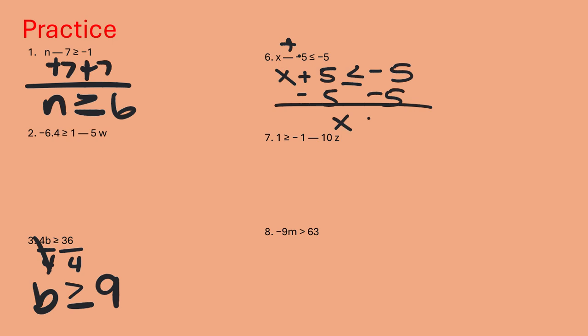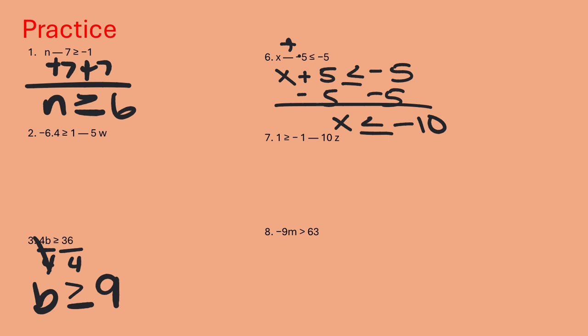So x is less than or equal to, what's negative 5 minus 5? Negative 10. Do I have to reverse my signs? I'm just subtracting, okay? When we add or subtract, using the properties of inequality, we do not change our signs. Only when we're dividing or multiplying by a negative number.